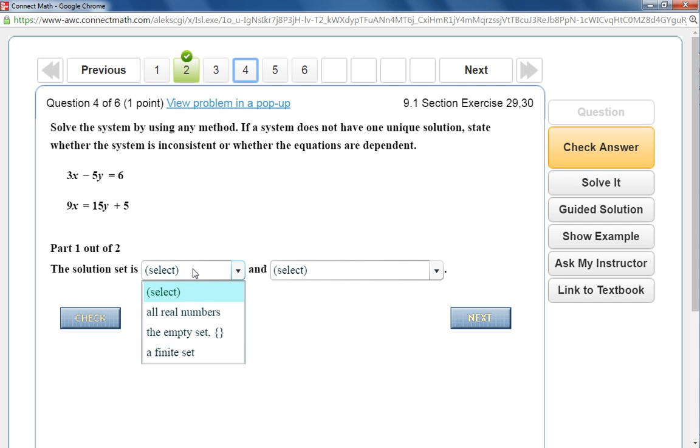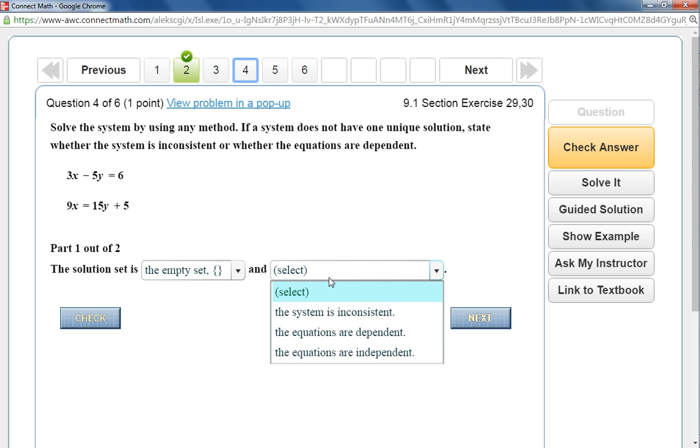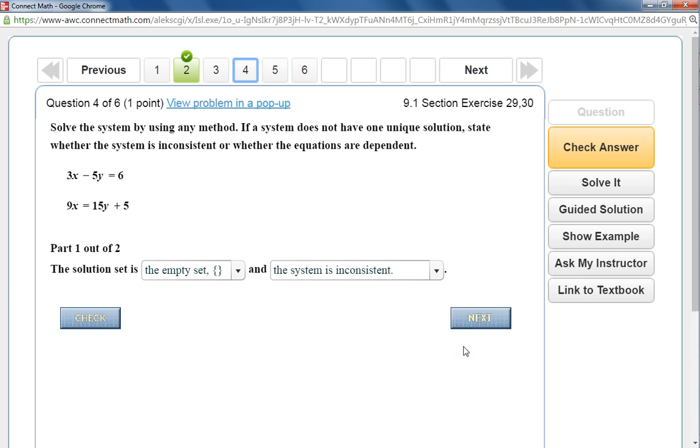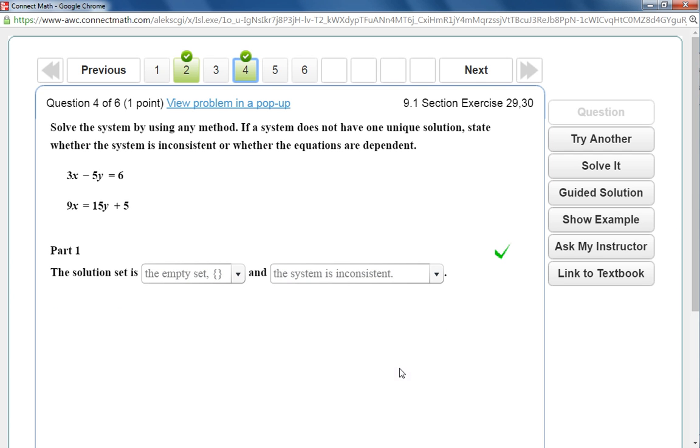The solution set is, so if there is no solution, we call it the empty set, right? And it's called inconsistent, okay? And that's pretty much it. This is an inconsistent system, impossible to happen.